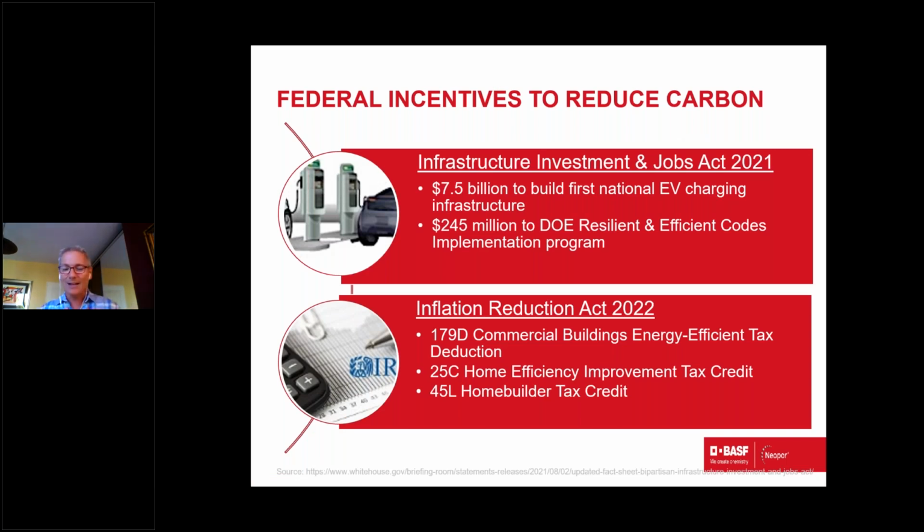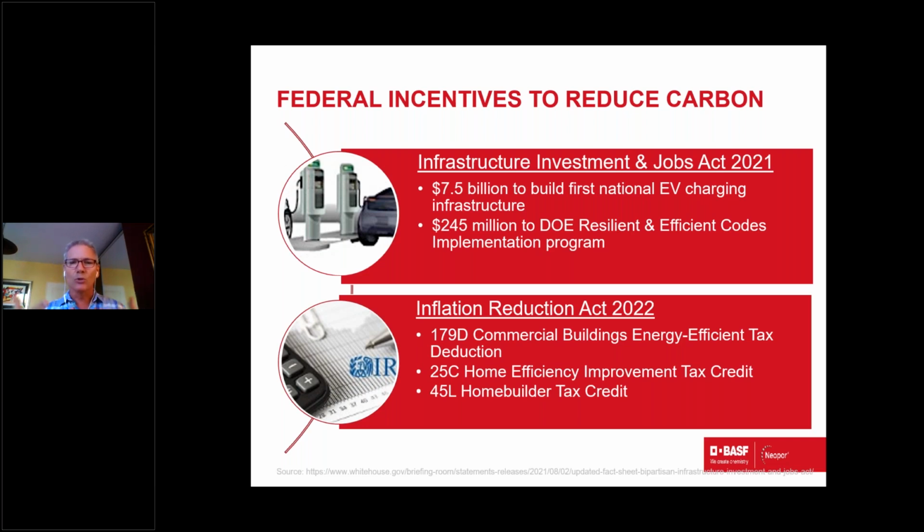So a couple of different incentives have happened in North America, here in the United States. Federal incentives and a couple of big investment acts are really helping to propagate and support this initiative, you might say. Whether it's the Infrastructure Investment and Jobs Act that came down, for example, $7 billion for installing EV chargers for people that want to drive electric cars.